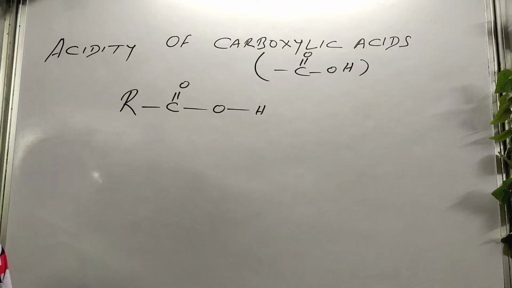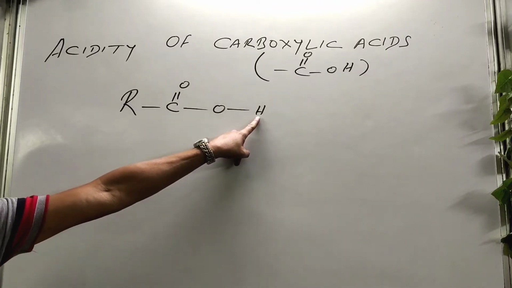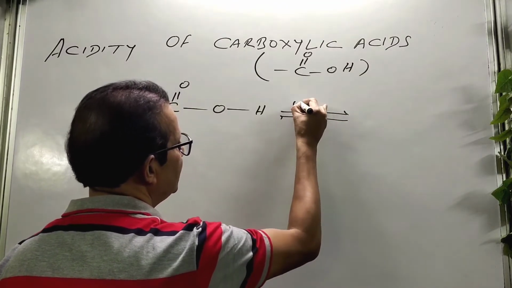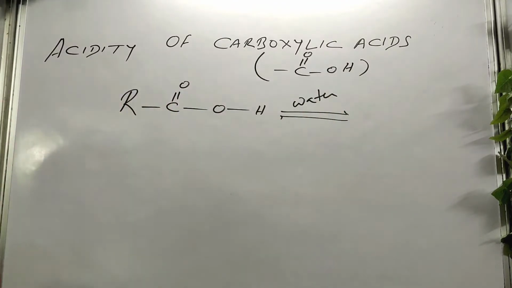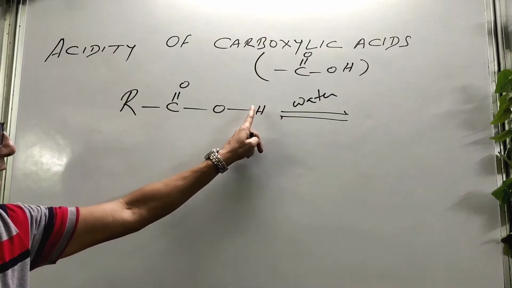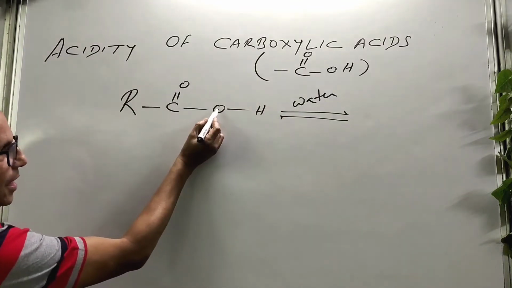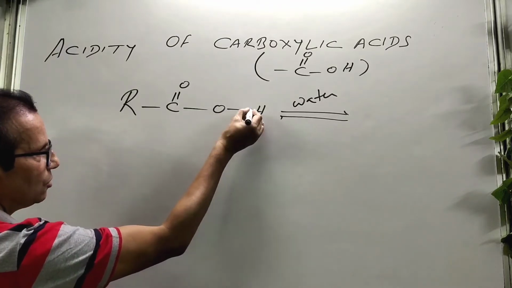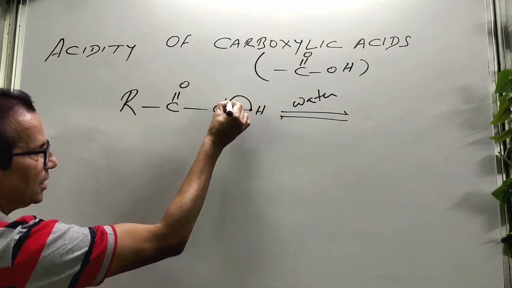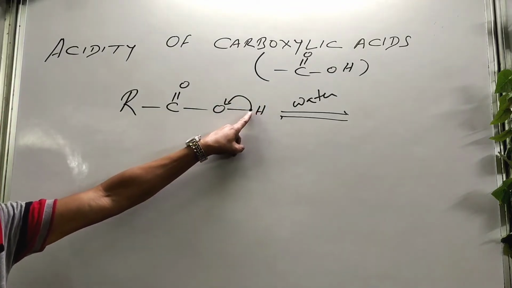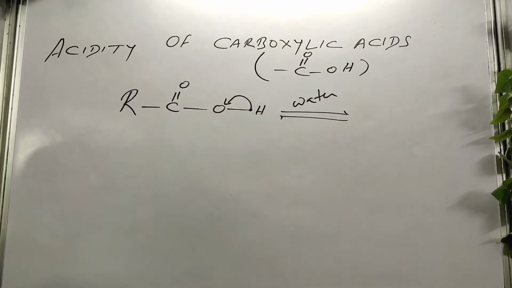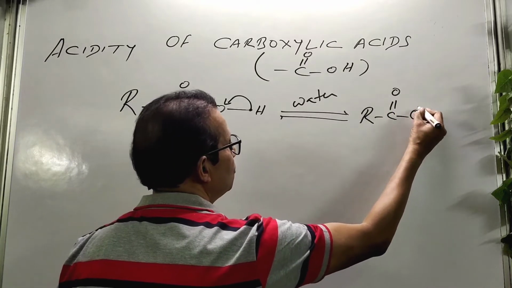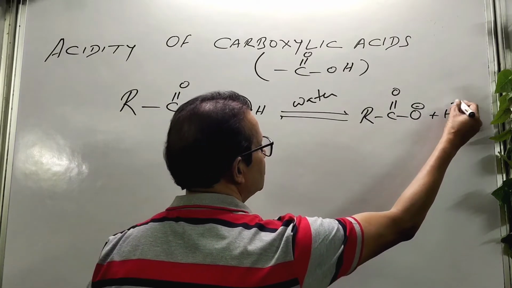You know that acids have a tendency to release the hydrogen ion when dissolved in water. Now listen, as oxygen is more electronegative than hydrogen, oxygen has a tendency to attract the bonding electron from hydrogen, and thus we get RC double bonded O negative plus H positive.